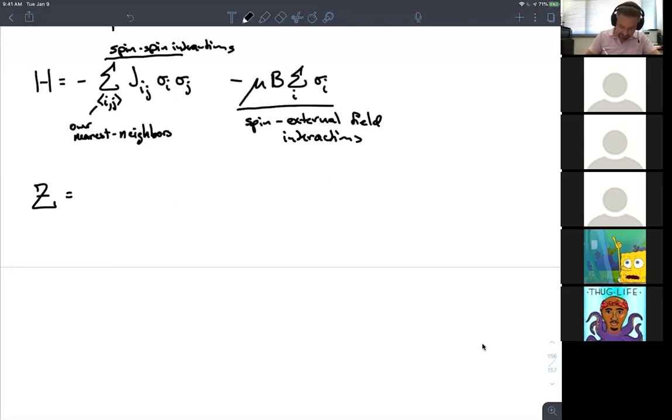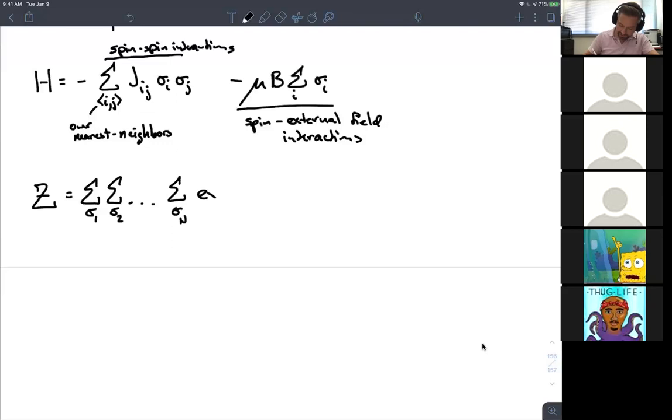Let me just write down what the answer was. So you have to sum over all orientations of sigma_1, either up or down. Sum over all orientations of sigma_2, either up or down, and so on, all the way up to the last spin.